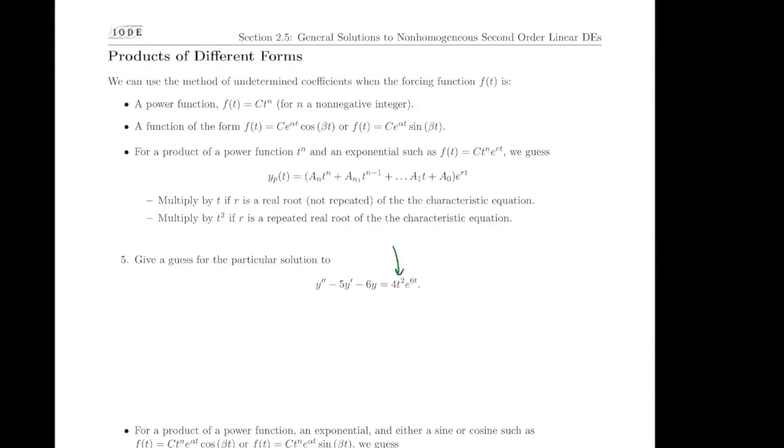For the t squared part, we would guess the most general looking quadratic. And for this piece over here, we would guess, just to pick a different letter, some constant times e to the 6t.